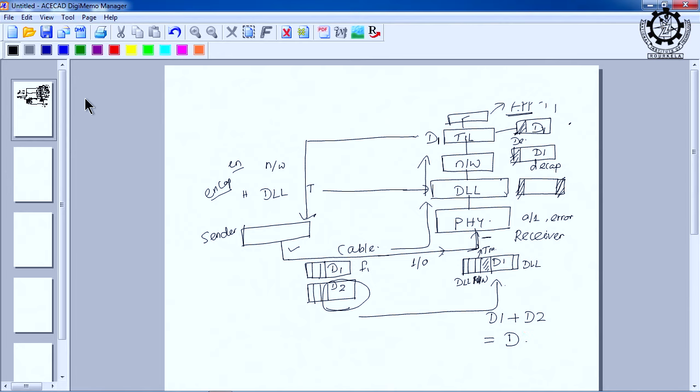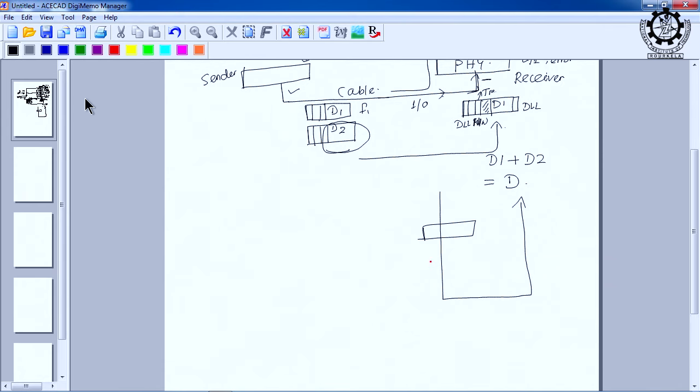So, your data that is transmitted from the sender to the receiver has been processed by every layer in a different way, but the content remains as it is, the way it was generated and the way it is received. There is no difference between these two. That is efficient communication.